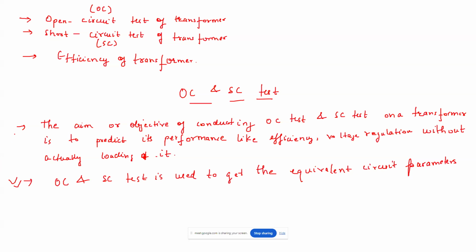But the formal answer, if you go to an interview, you should say that the objective of conducting the open circuit and short circuit test is to predict its performance characteristics like efficiency and voltage regulation without actually loading the transformer. Without actually giving the power supply to the transformer, how can you determine these performance things? That is the objective of the tests. But indirectly, for that performance study, you need the equivalent circuit parameters, which are determined using the OC and SC test.